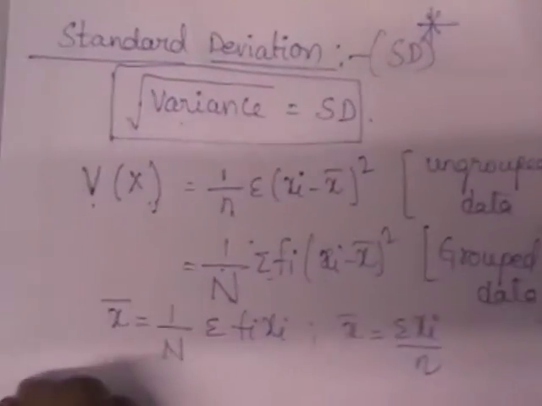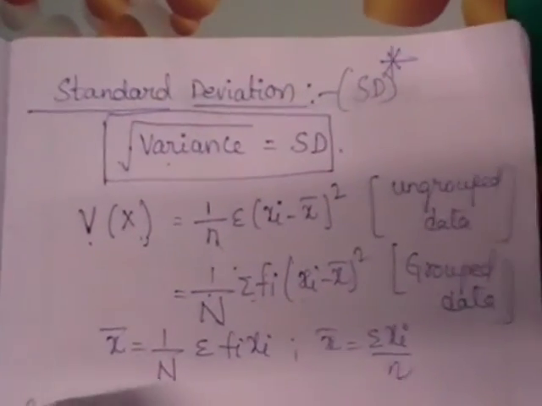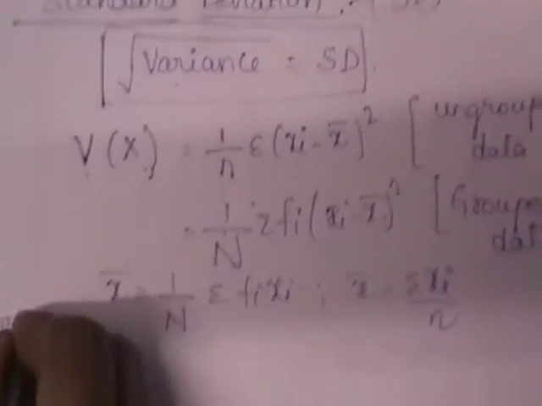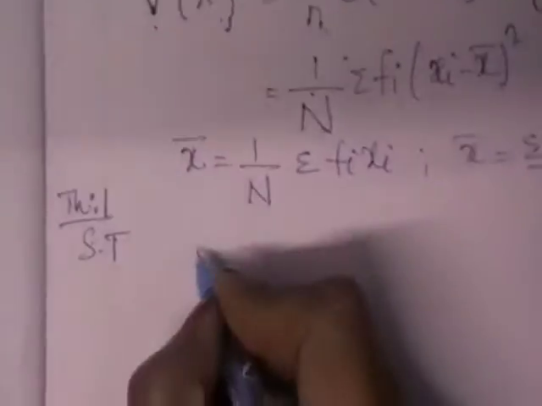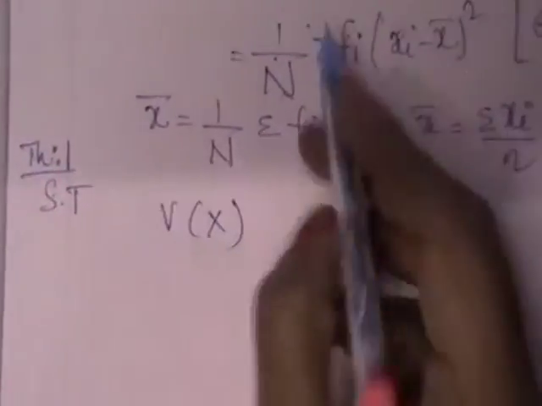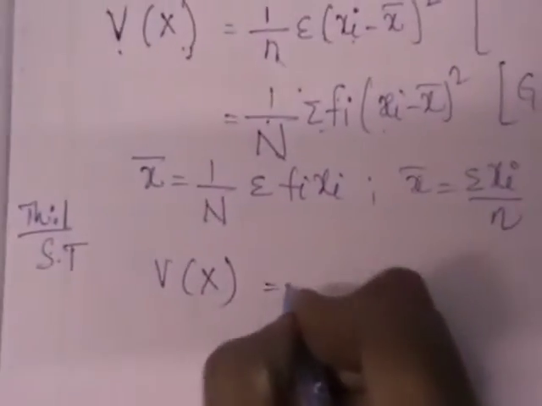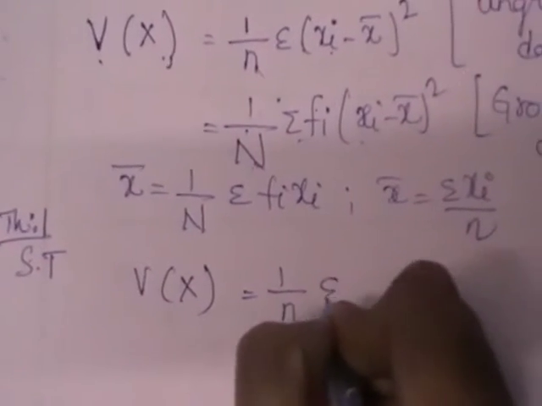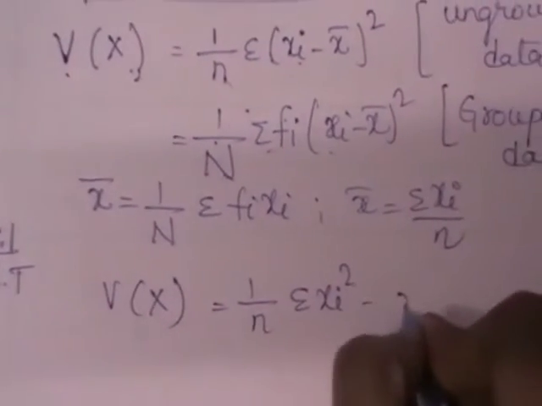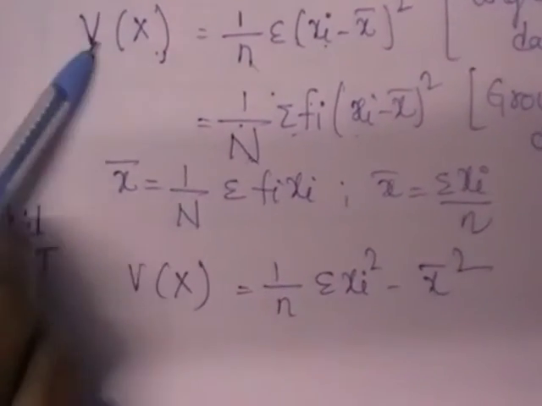So let us do a small derivation on variance. I think this is the first theorem for you. Show that we know variance of x is 1 by n sigma xi minus x bar whole square. So try to identify the difference.